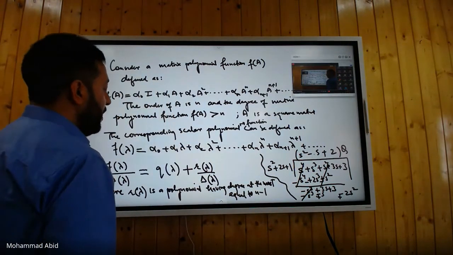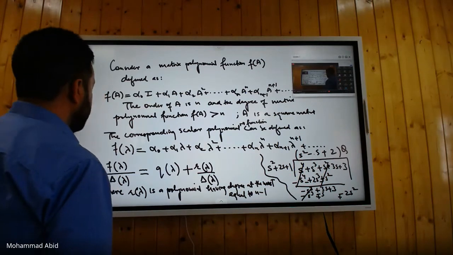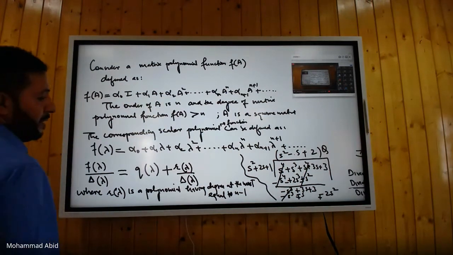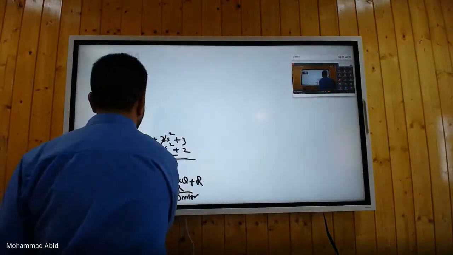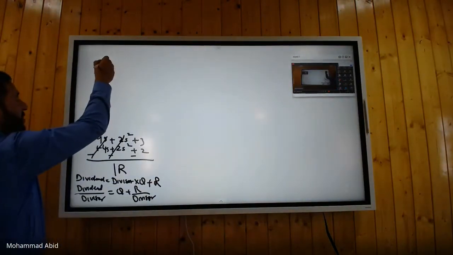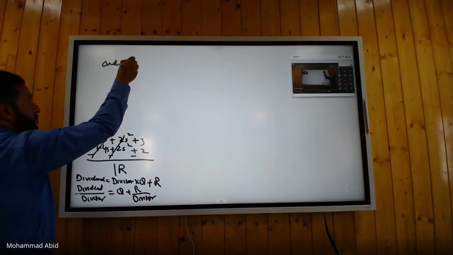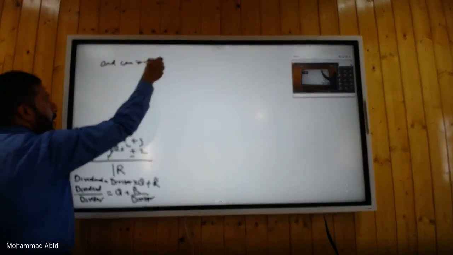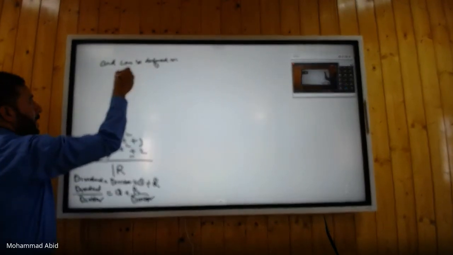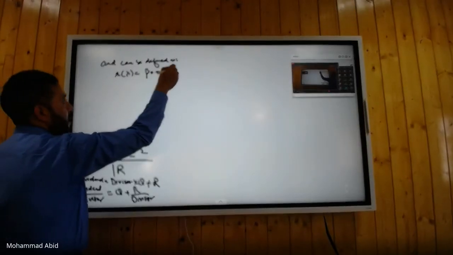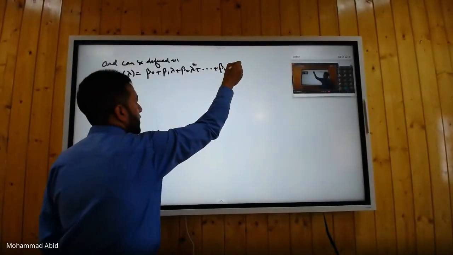It can be defined as r lambda equal to beta naught plus beta 1 lambda plus beta 2 lambda square plus so on up to beta n minus 1 lambda to the power n minus 1.